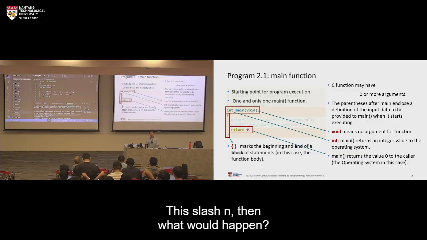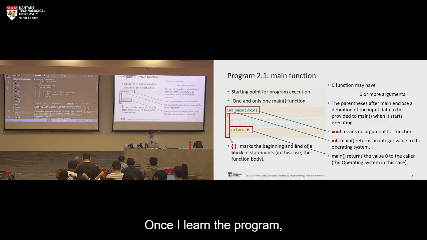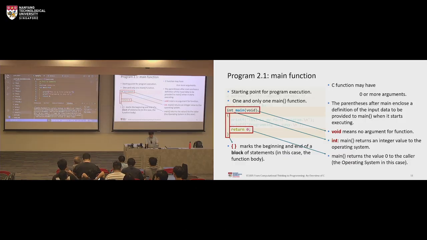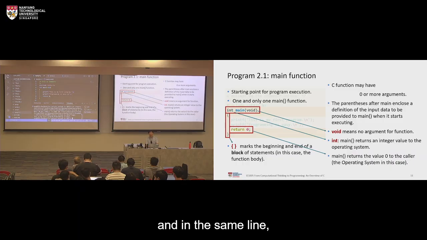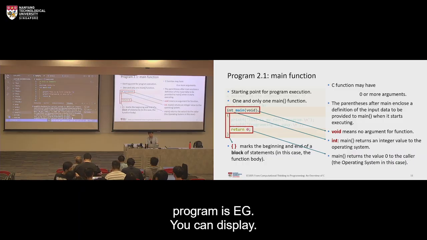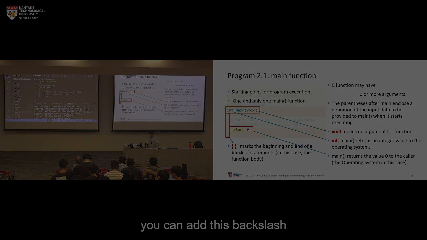Then what would happen? We don't change the line, yes. So once I run the program, this is my first program, and in the same line, programming is easy is displayed. So if you want to change the line multiple times, you can add this \n.